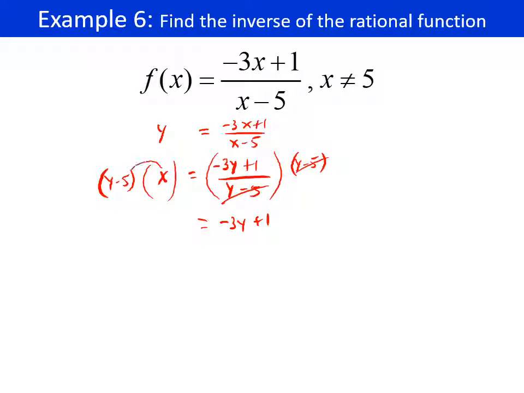And we'll use the distributive property to make this an xy minus a 5x. We need to collect all of the y's together on the same side. That means the negative 3y needs to go to the other side. We do that by adding 3y to both sides.